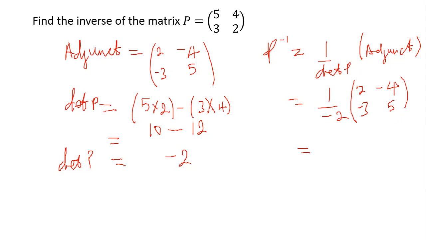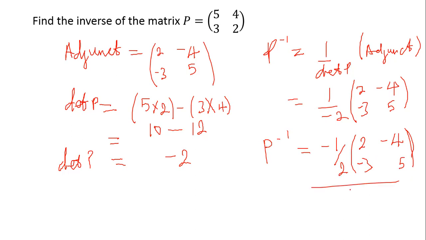So we can leave this in a more precise way by saying 1 divided by -2 is -1/2 into 2, -4, -3, and 5. So this will be the P inverse. Is that okay? Yes. Okay, so we can proceed.